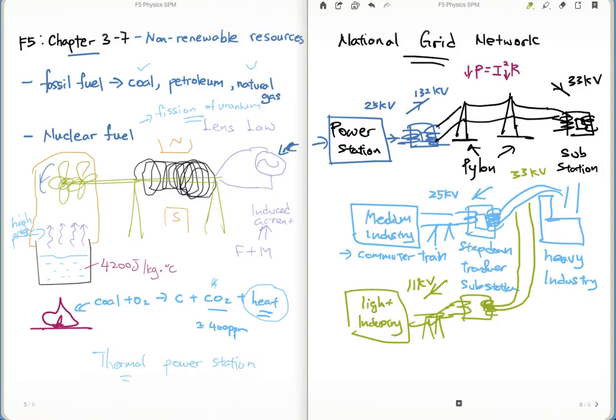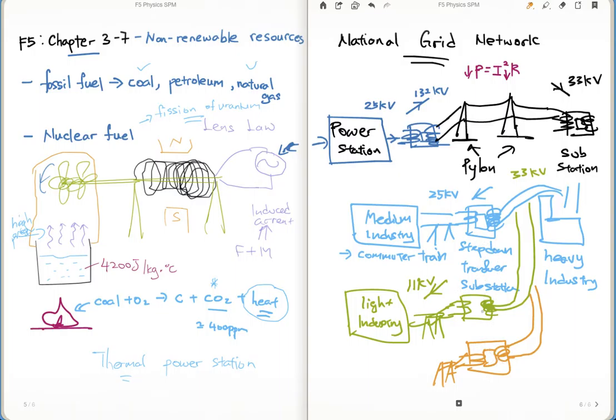Okay, 11 kilowatt, like plastic industry. So those are the light industry. Then only it comes to your house, where from 33 also they tap it, put it into a substation, reduce it, and then only a few pylon bring it over to your house. This is one of those color buildings near your house area.